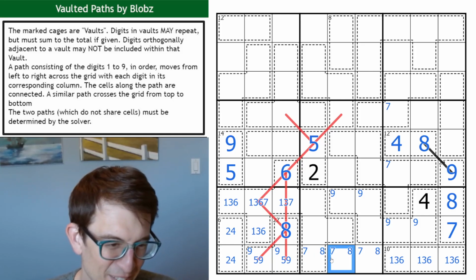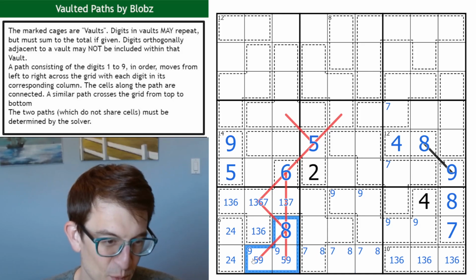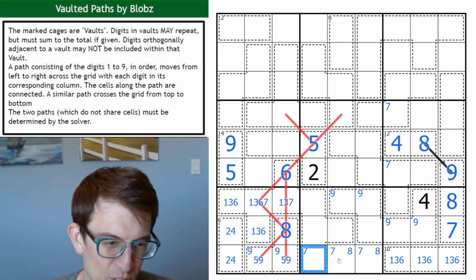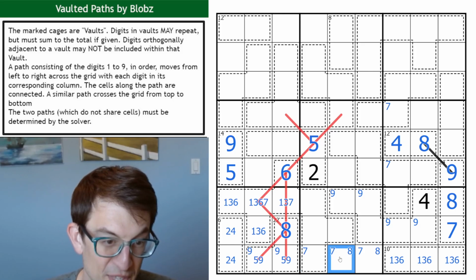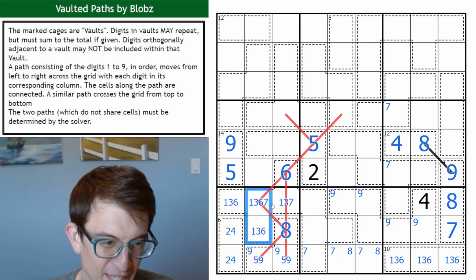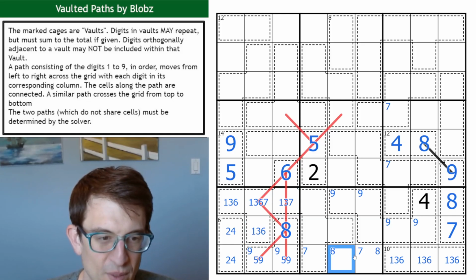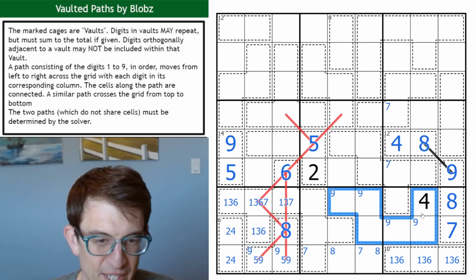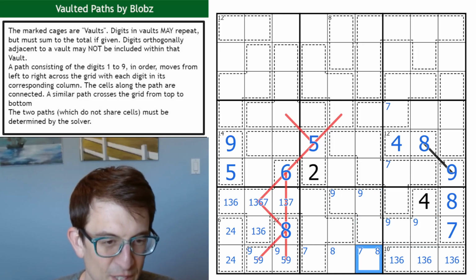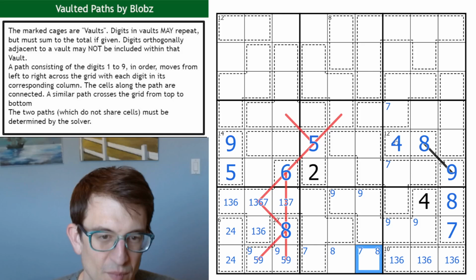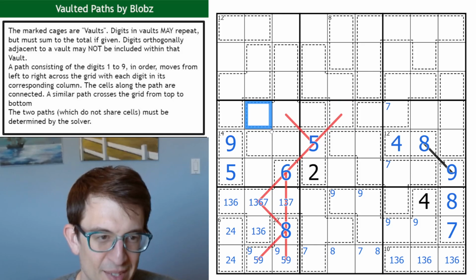Okay, not that useful. This can't be 8 anymore because of that in that cage. This can't be 7 because that's adjacent to this cage, which has to have a 7. There's no 7 or 8 in this cage. Right, so it doesn't help here. 5 is up here.